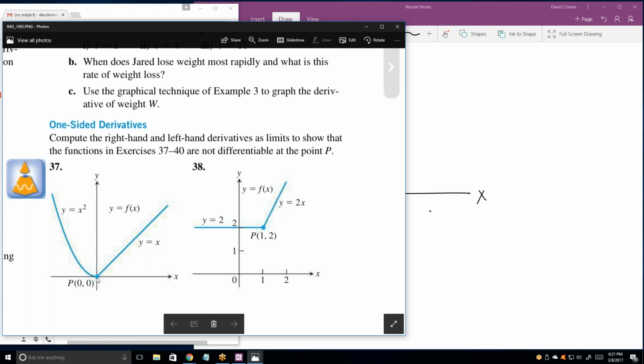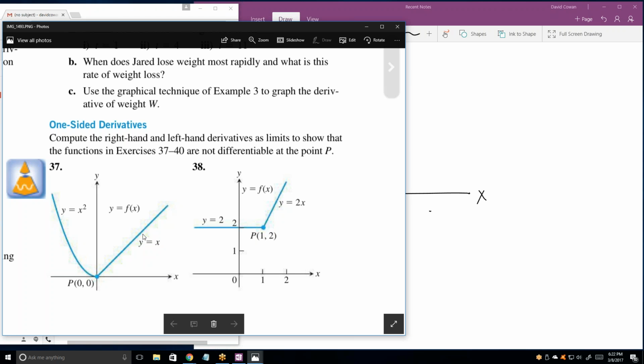In other words, what's the slope of the tangent line right before 0? Well, it's not differentiable at 0, but let's talk about it at 0. If the derivative is 2x, plug in 0 for x, what's its slope? 0. Okay. So the derivative from the left is 0.